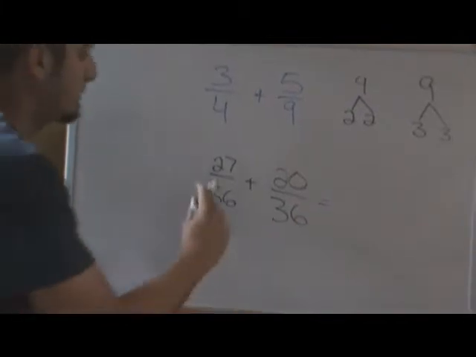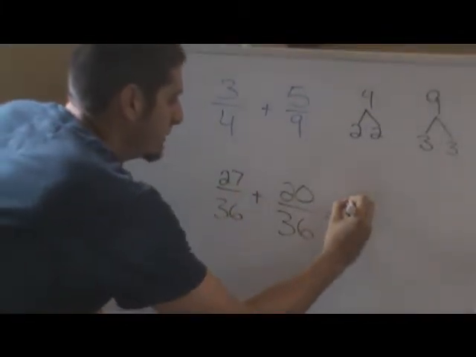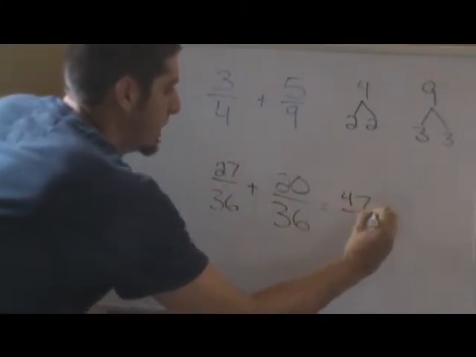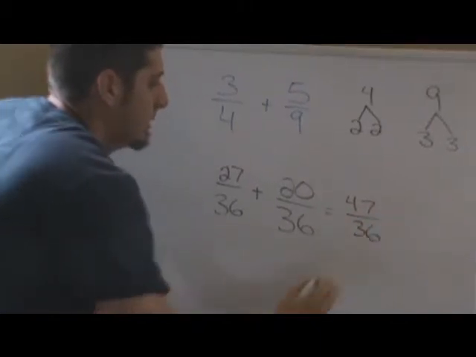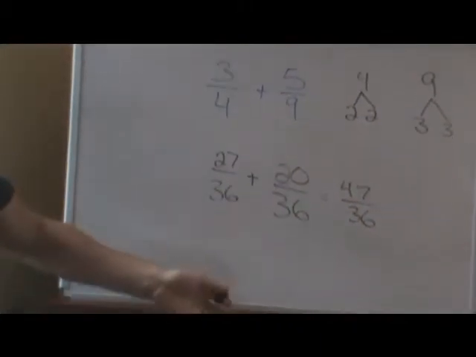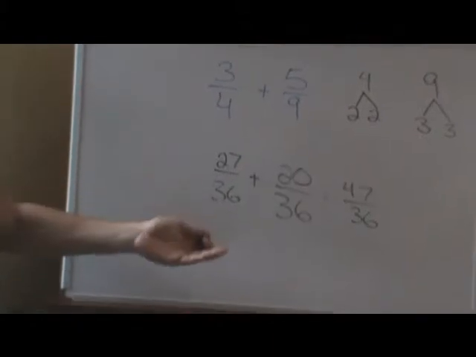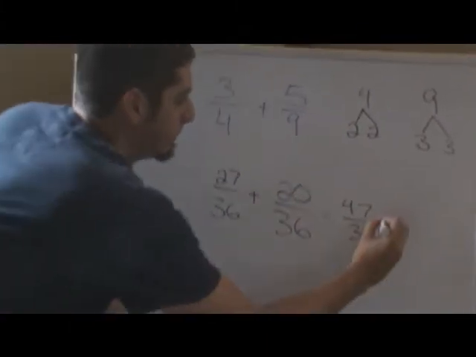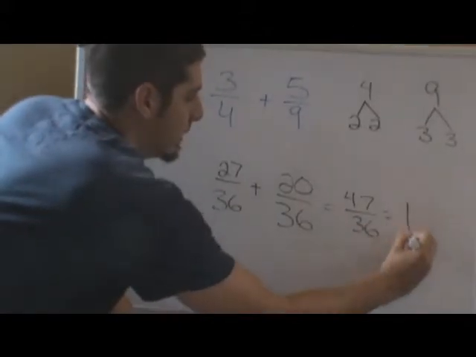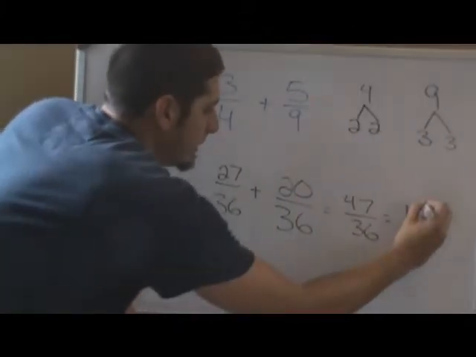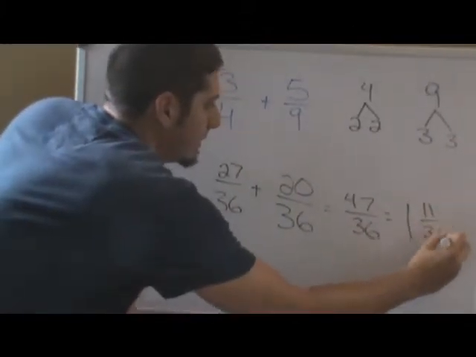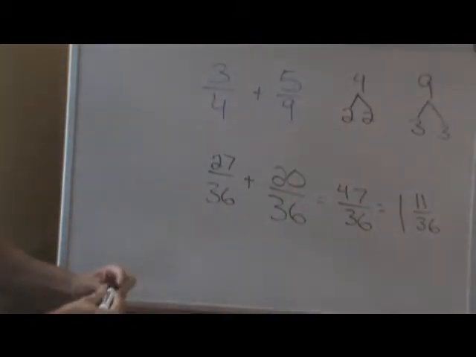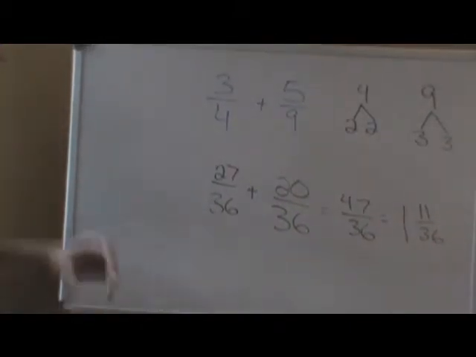So now I can add: 27 plus 20 is 47. Denominator stays the same. I have 47 over 36. If you want to, you can turn it into a mixed number because this is an improper fraction. That would be 1 and 11/36.